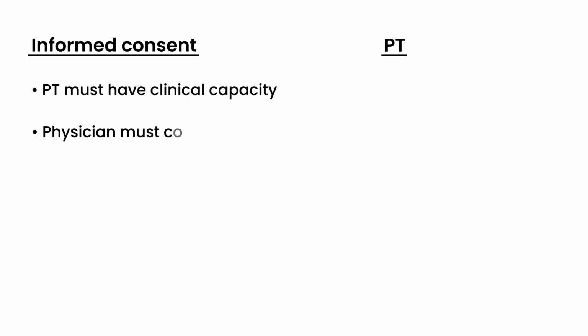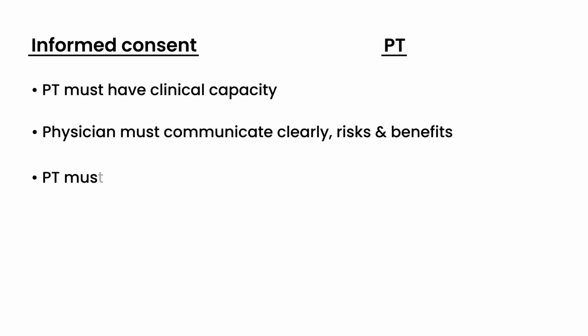The physician must communicate clearly and make sure that all risks and benefits are discussed. And very important, I think I already mentioned this, but the patient must be competent. If they are to make informed decisions, they must be able to do so.